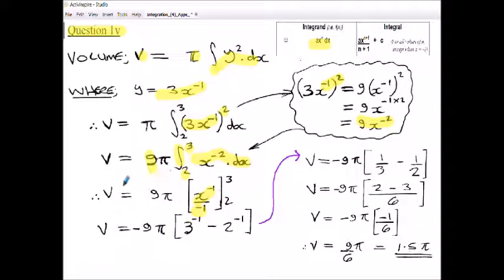On the next line I've taken the minus outside again to be with the 9 pi. When you put your upper limit in, 3, we get 3 to the minus 1, take away the lower limit, 2 to the minus 1. The rest of it is arithmetic, and again I'll let you follow it through. We eventually find that V is 9 pi upon 6, or 1.5 pi.